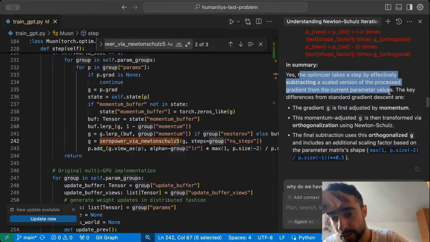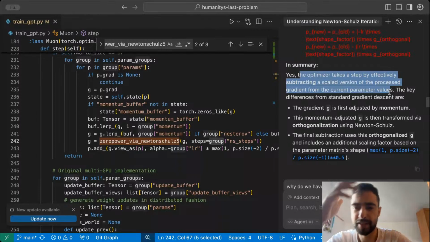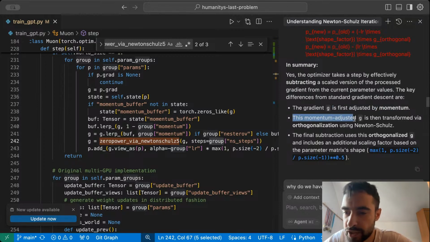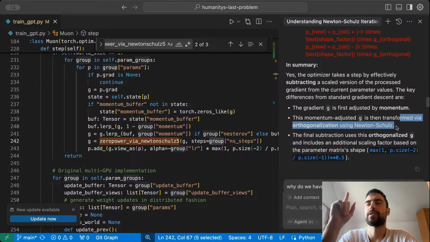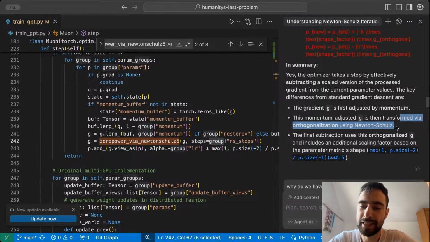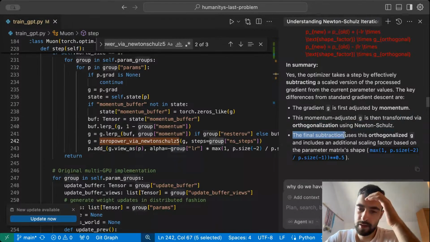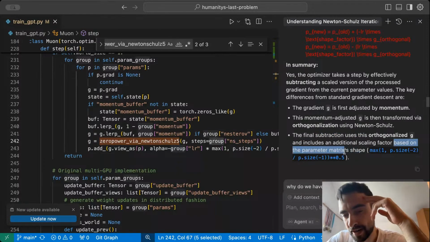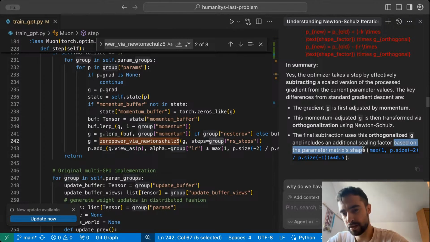We got a nearby orthogonal matrix, I don't know why yet, we'll read. The final subtraction uses this orthogonalized G and includes an additional scaling factor based on the parameter shape.